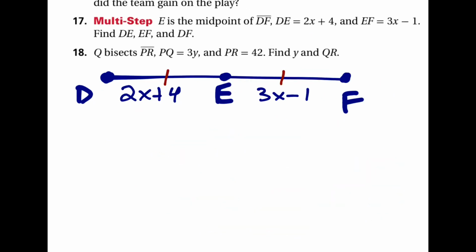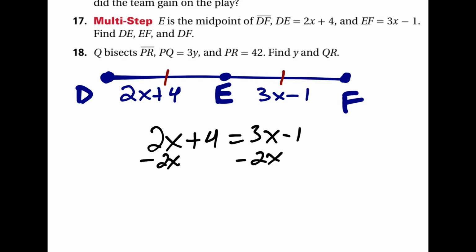17, like most of these problems, becomes clearer when you draw it out. These red lines indicate that E is the midpoint of DF. The two distances are equivalent. What that means is that 2x plus 4 is equal to 3x minus 1. I can subtract 2x from both sides. I can add 1 to both sides. I get that x is equal to 5.